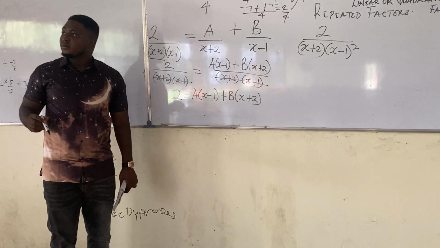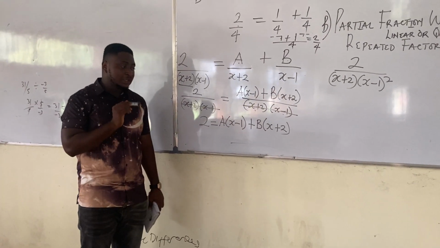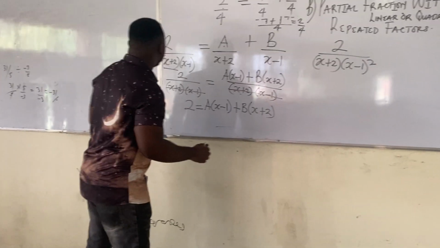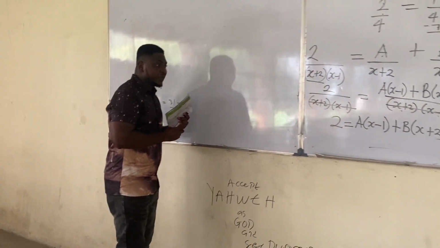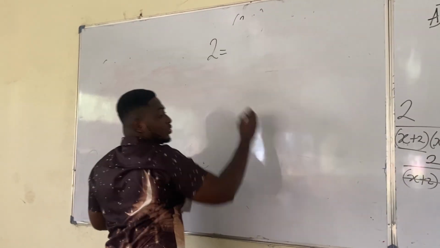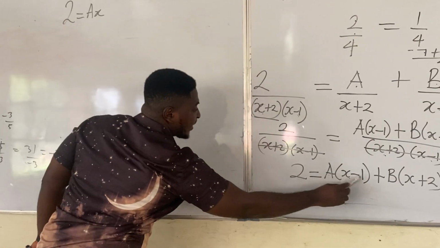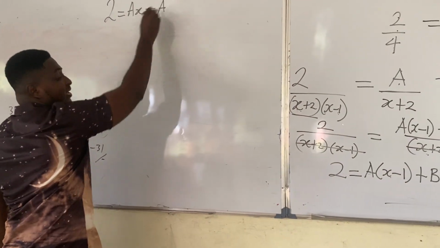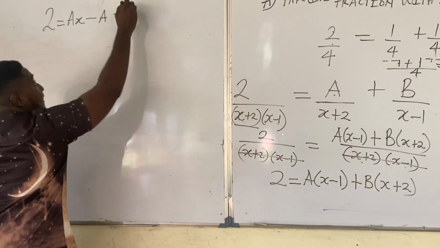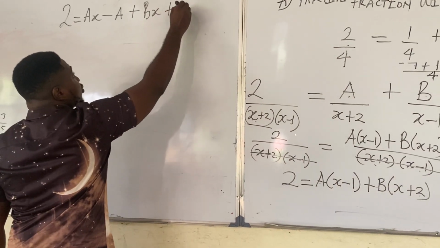Class, for this kind of simple partial fraction, see what we can do. First of all, let's expand the bracket. If we expand this bracket, we're going to say 2 will be equal to a times x, a times minus 1 is minus a, plus b times x, which is bx, and b times plus 2, which is plus 2b.